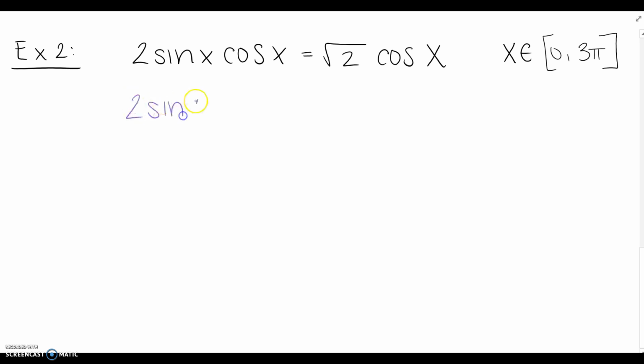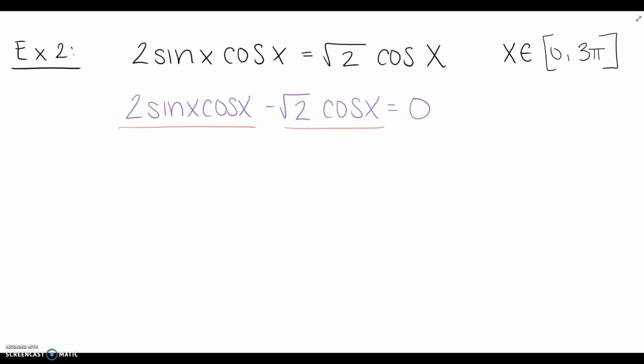So we have 2 sine of x times cosine x, and then I'm going to just subtract my root 2 of cosine x, and now it equals 0. So now if you look at your two terms, they both have a cosine in common.